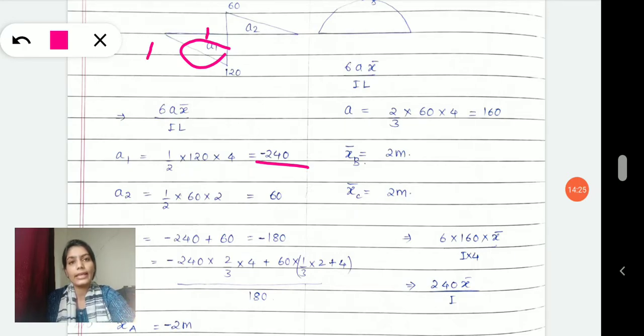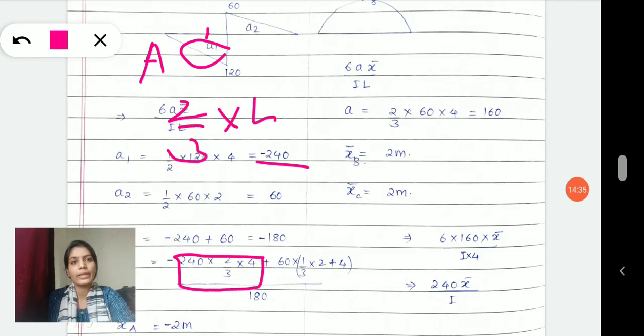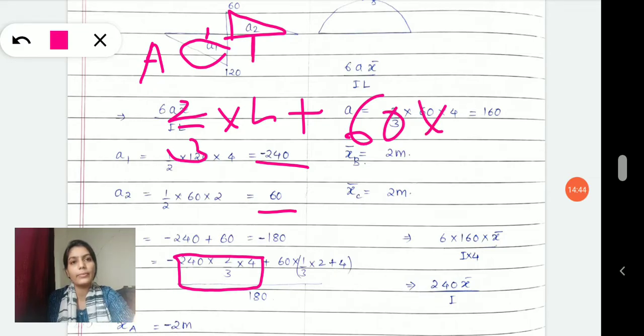From A support I am considering my centroid, which will be 2/3 of the length. That is what I have written here. Plus the area of this triangle, which is positive 60, into its centroid from A support.